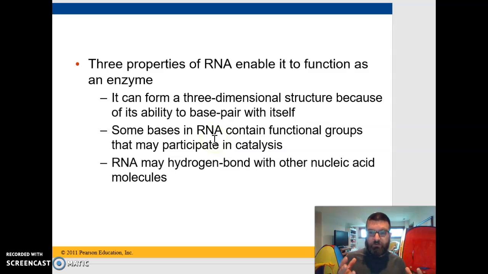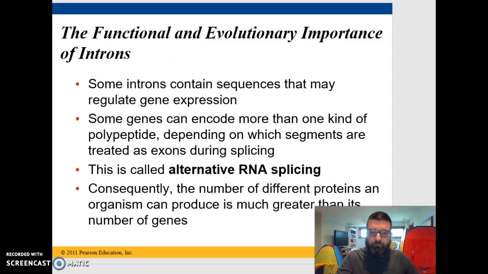And so these three-dimensional structures, kind of like proteins, right, can catalyze reactions. Pretty cool. Now, when you get a single gene that can form multiple different polypeptides because you can have differences in how that splicing occurs, right? We call this alternative RNA splicing. So again, the number of proteins that we make is larger actually than the number of genes that we have.